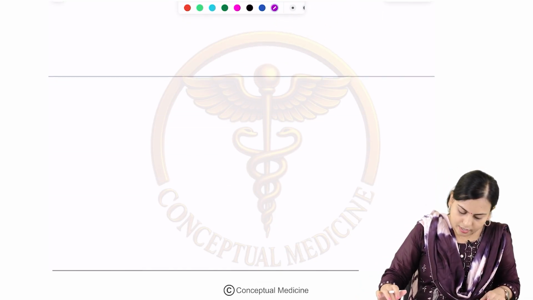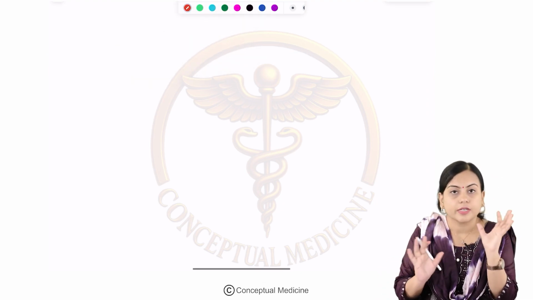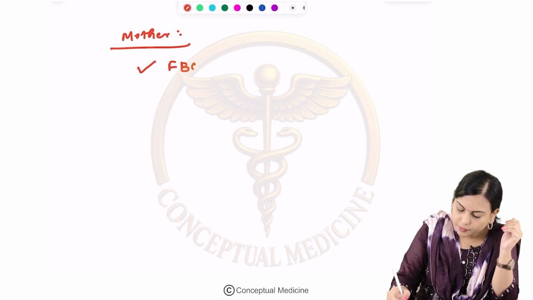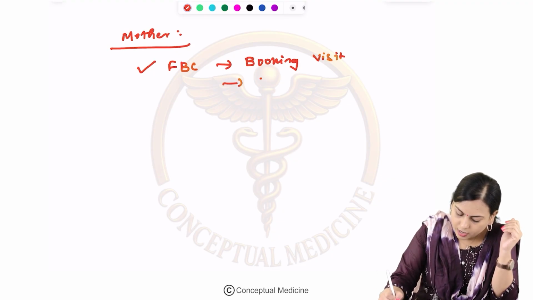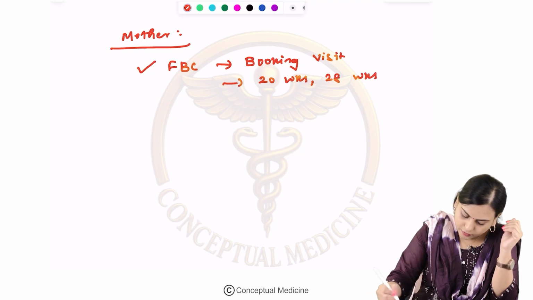Okay, and then what are the other follow-up measures we have to initiate from the beginning? For the mother, we will be measuring full blood count at the booking visit, then around 20 weeks and again by 28 weeks at least.